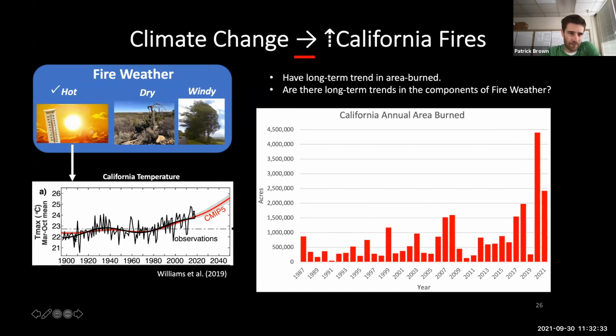And just some more details on this graph here. This is observations of California temperature over the summer season. That's in black. And then this red line here is climate models. So climate models are run in the past to see if they reproduce observations and then what we expect in the future. And by the way, unfortunately, this increase in the future is kind of locked in regardless of climate policy.